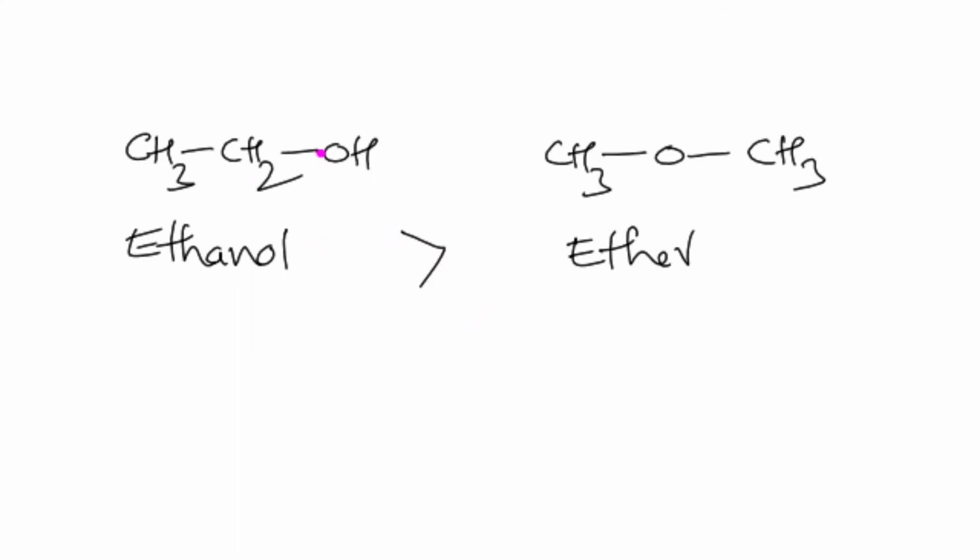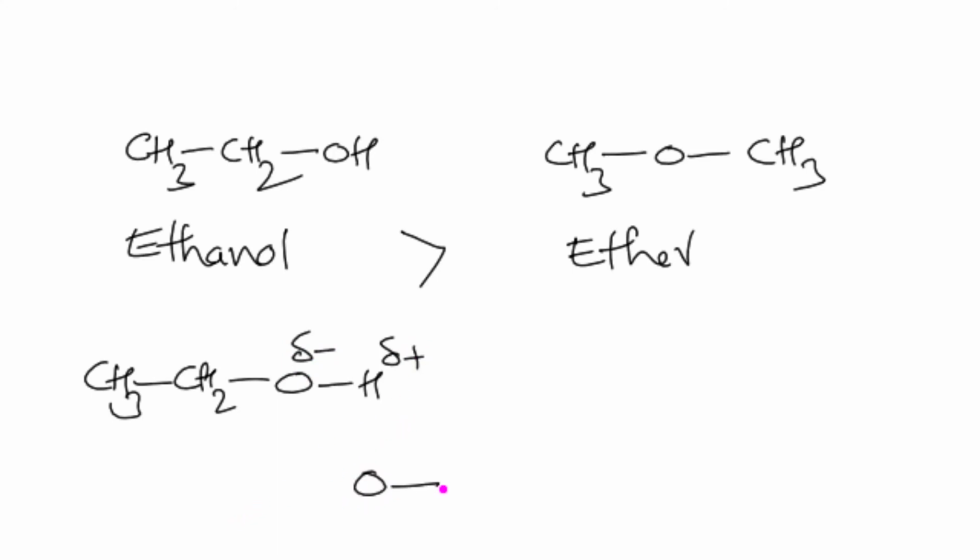The reason is that in the alcohols, the OH group is free to form a hydrogen bond. We know that oxygen is more electronegative. It gains a negative charge, and hydrogen gains a positive charge. In the same way, I will take one more molecule here. This is oxygen and here is hydrogen, having a positive charge, and oxygen having a negative charge. The remaining part is CH2, again CH3.